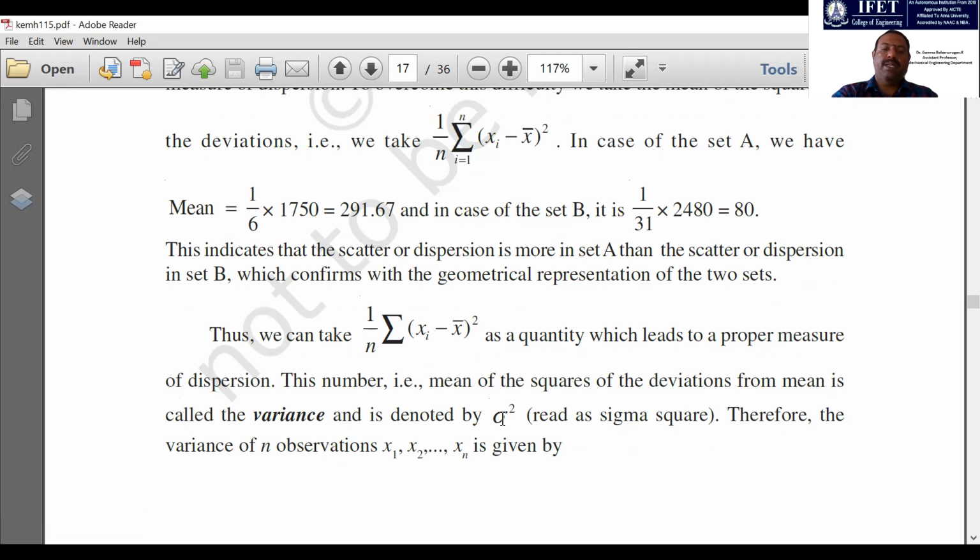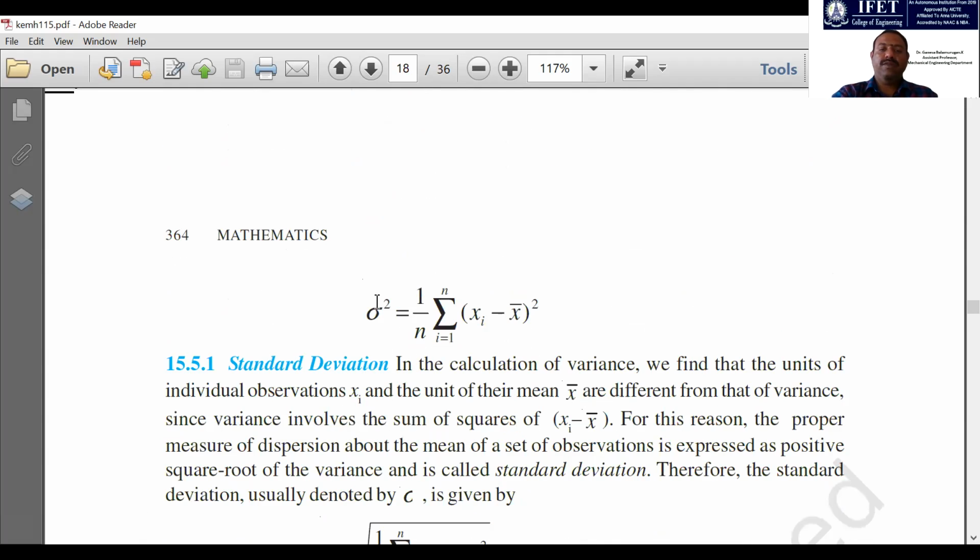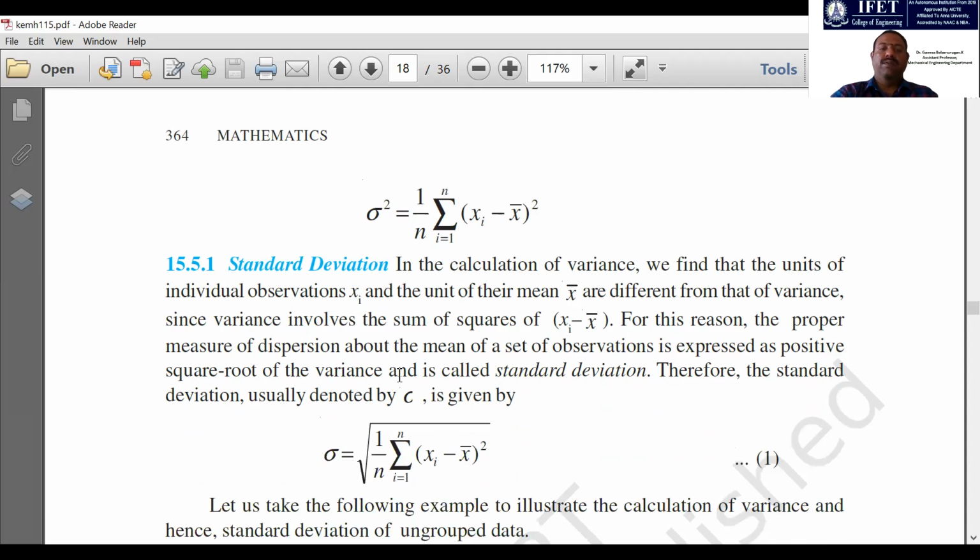We represent the variance as sigma square. Okay, sigma square. So the variance is sigma square equal to 1 by n summation of i equals 1 to n, x minus x bar, whole square. Then we will find out the standard deviation.